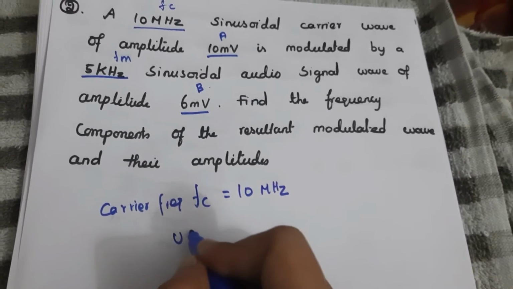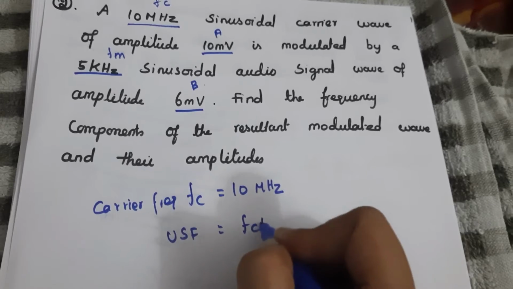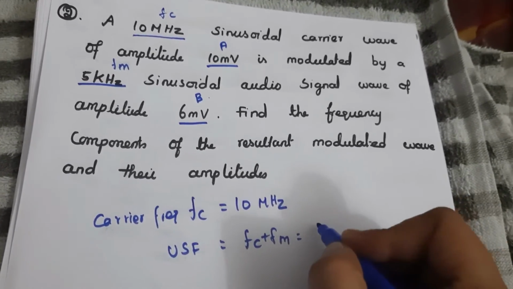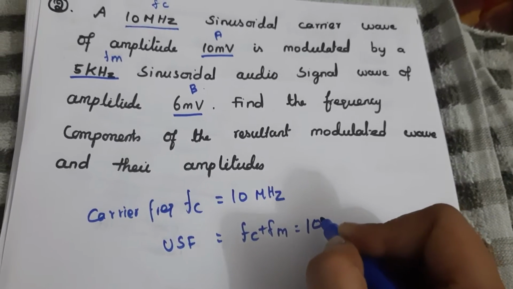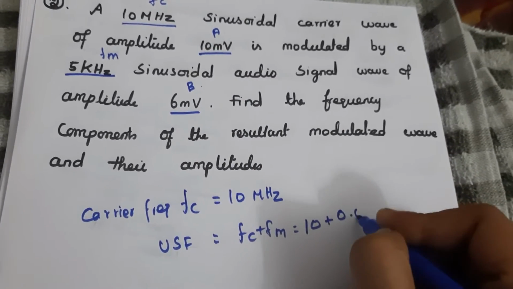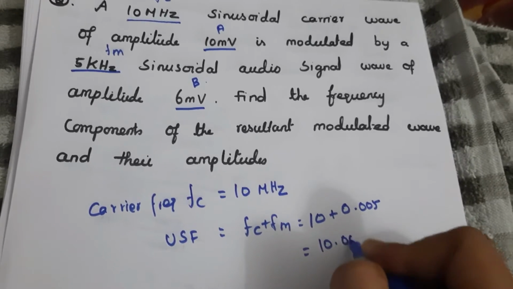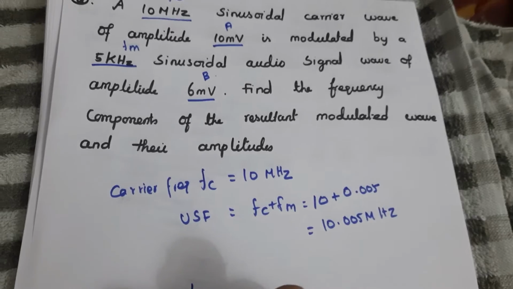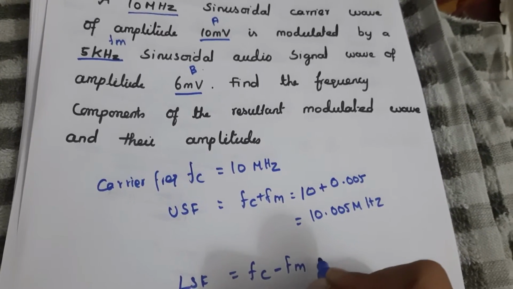And upper side frequency, that is FC plus FM. And we know the value of FC and the value of FM, that is 10 megahertz. Now if you convert this kilohertz to megahertz, it is 0.005. So the value is 10.005 megahertz, upper side frequency. Similarly, lower side frequency is equal to FC minus FM.